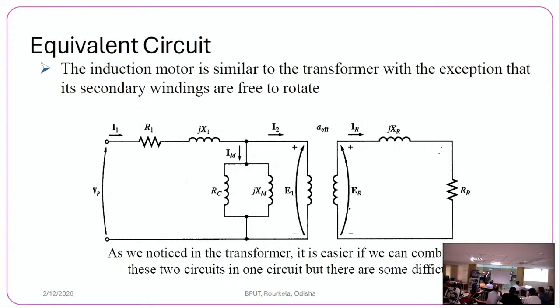It is showing the core. If two lines are there, it is an iron core. If two lines are not present, it is an air core.